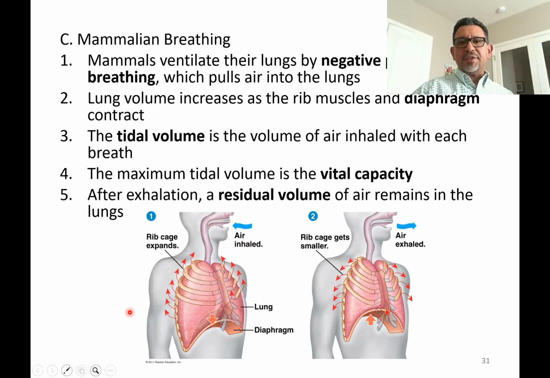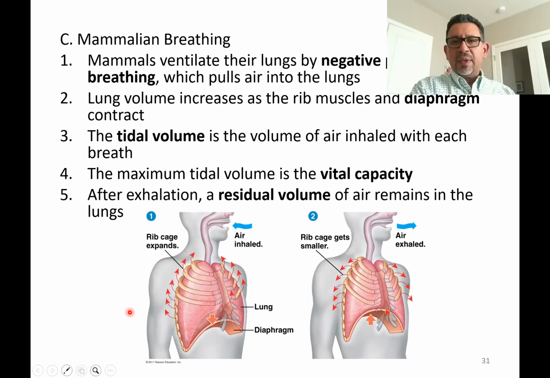Your vital capacity will be like when a doctor says to you, okay, now take a deep breath, and you inflate your lungs as much as you can. The maximum you can hold, that is going to be your vital capacity. It's the maximum air you can breathe in.